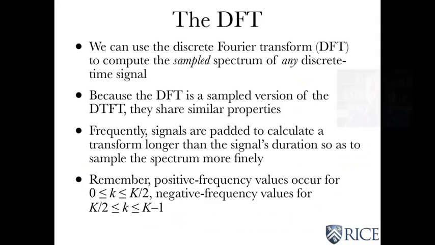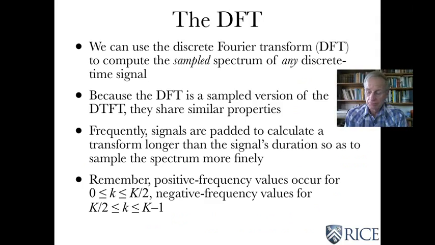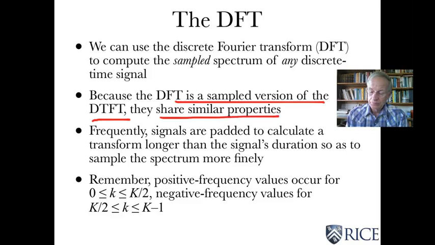So, this is the DFT. This is not a new transform. It is a sampled version of the DTFT. And because of that, it shares similar properties. So the only thing we needed was to have a finite duration signal, and we sample the spectrum.